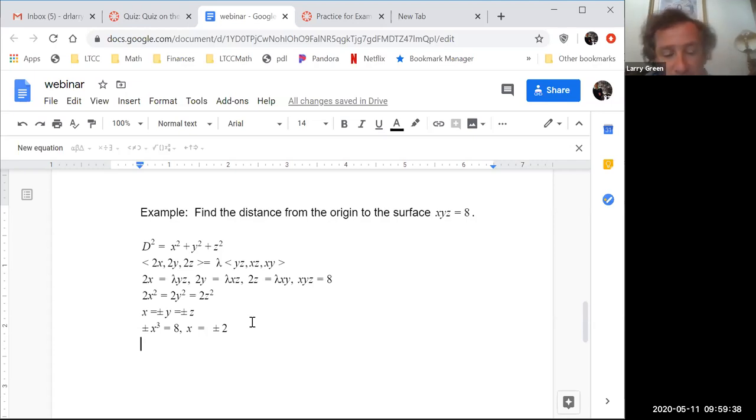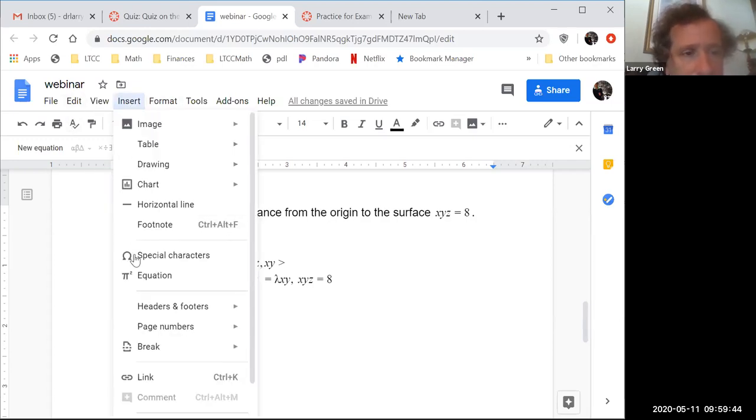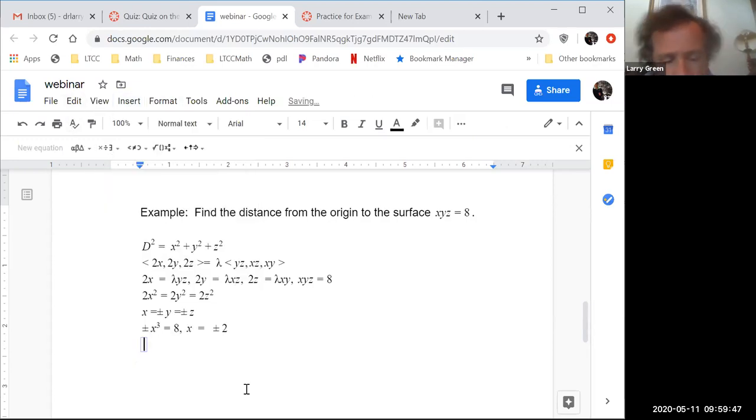Which doesn't really matter that much because I want to find distance, and the distance squared is x squared plus y squared plus z squared. That means our distance d squared equals x squared plus y squared plus z squared, and that's just going to be 2 squared plus 2 squared plus 2 squared, which is 12.